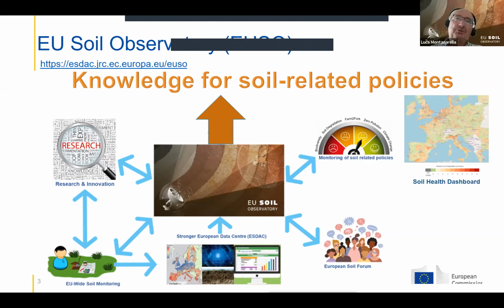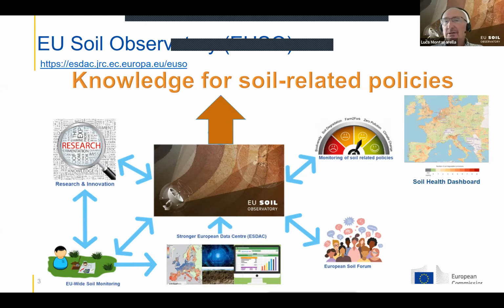Another very important aspect of the observatory is that it aims to be inclusive, involving our stakeholders and all interested participants and actors in an open European Soil Forum.